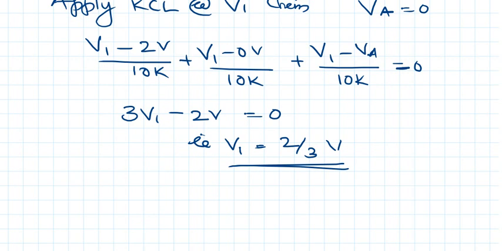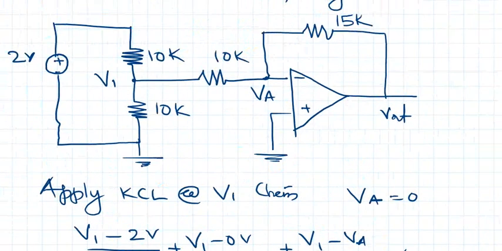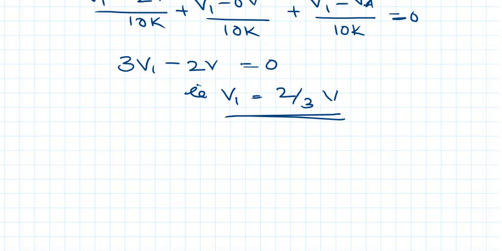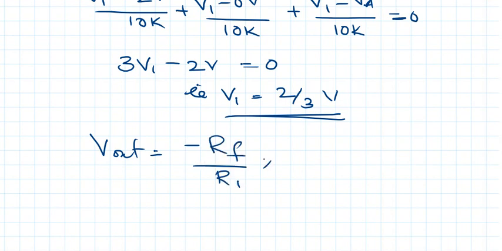Then this is just an inverting amplifier with gain minus RF by R1. So what will be the Vout? Vout is equal to minus RF by R1 into V1. It is minus 15 by 10 into 2 by 3. So what will be that voltage?